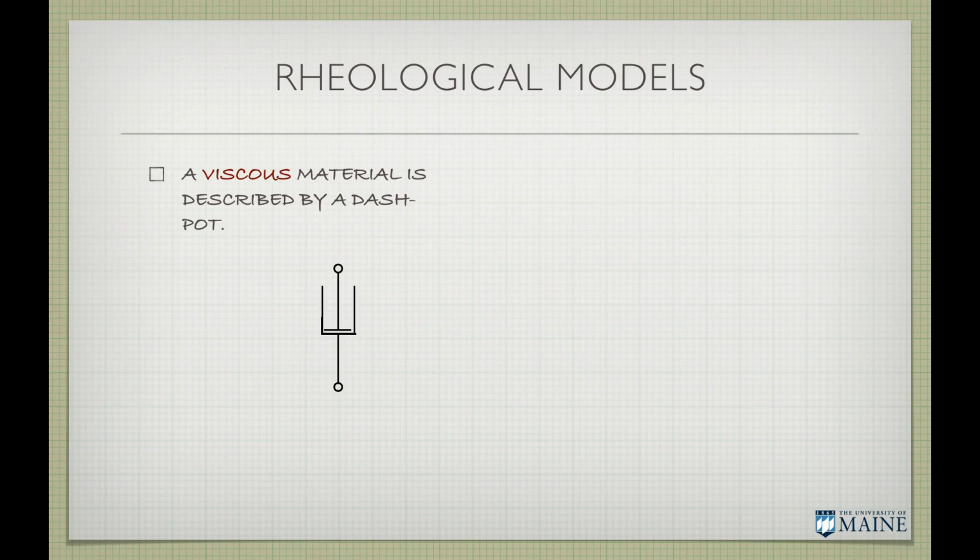The other base element used to build up these rheological models of viscoelastic materials is called the dashpot. This refers to a viscous material.